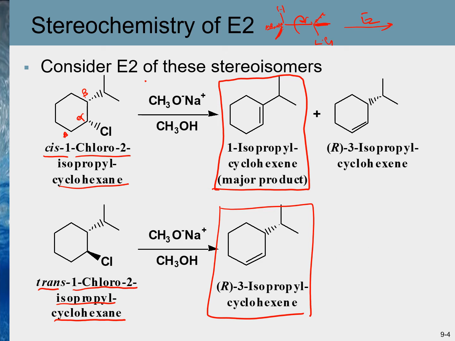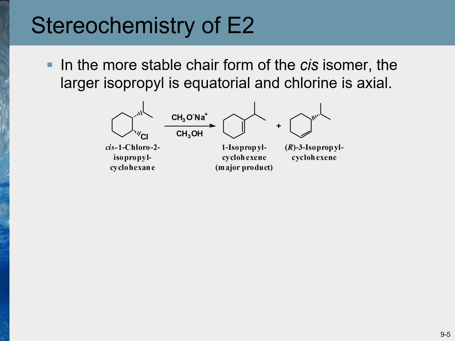So why is it so? The answer can be found when we look at the stereochemistry of this reaction. Let's try to understand how the stereochemistry of E2 reactions affects the regioselectivity of cyclohaloalkanes.